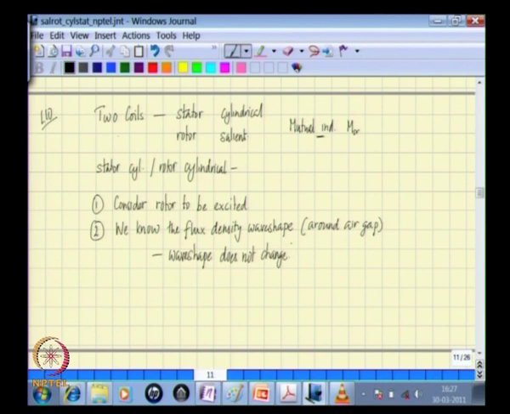The wave shape bodily moves, but it is not going to change in shape, and therefore what we can do is to resolve this flux density waveform into Fourier series. And then use this Fourier series description to determine the flux linkage in the stator.